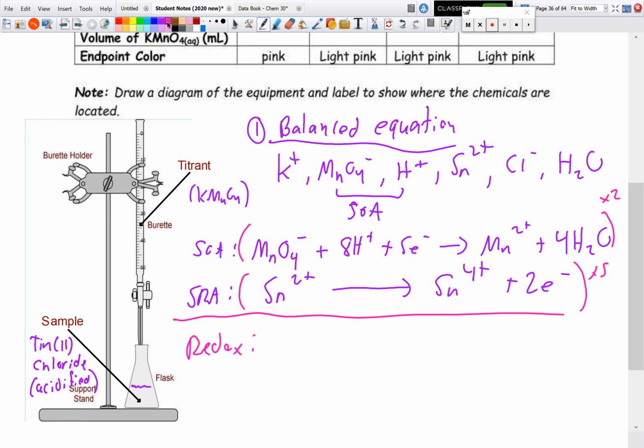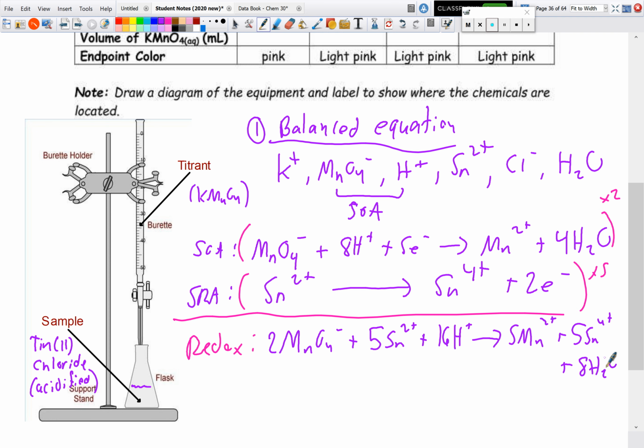What we're left with, our redox equation, is 2 MnO4- plus 5 Sn2+ plus 16 H+ produces 2 Mn2+ plus 5 Sn4+, and then plus our 8 H2O. So that is our redox reaction.